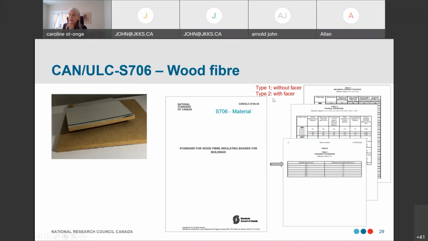And they classify the product in 2 types, but it's classified in subclasses and grades. It's a very complex classification for wood fiber board. And they have specific testing and criteria to meet depending on the type and class.